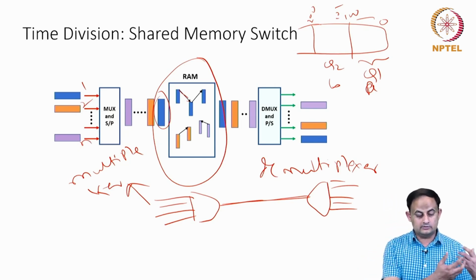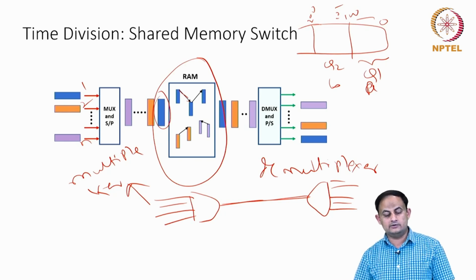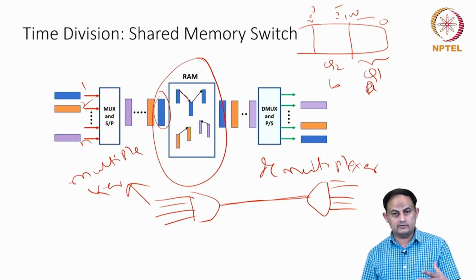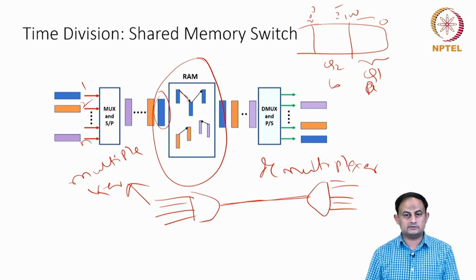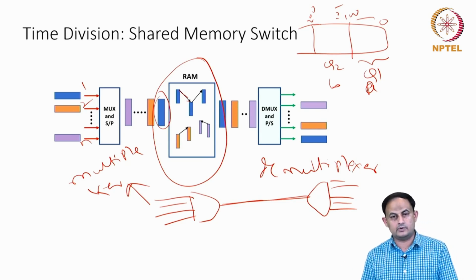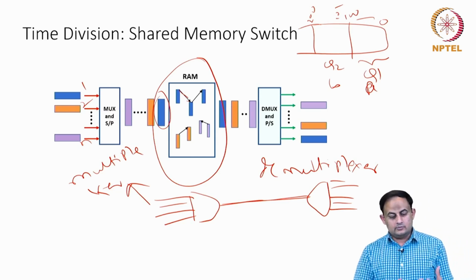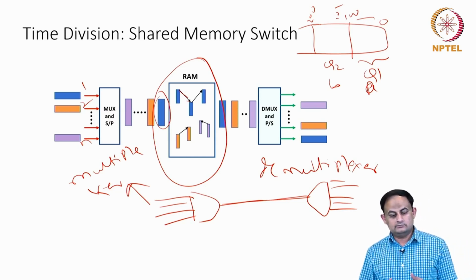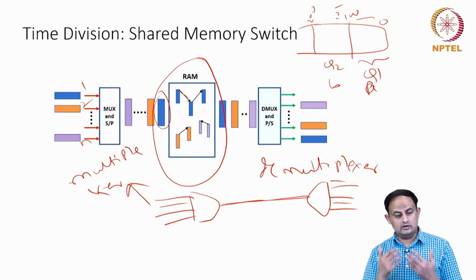When you know the input port number, you identify where exactly they need to go, and then accordingly you can schedule them. The packets are placed in that queue, and then you can mark them and send them to the appropriate output port. Again, as there is only one memory, you can read the data from only one location at a time. So this is a single operation.